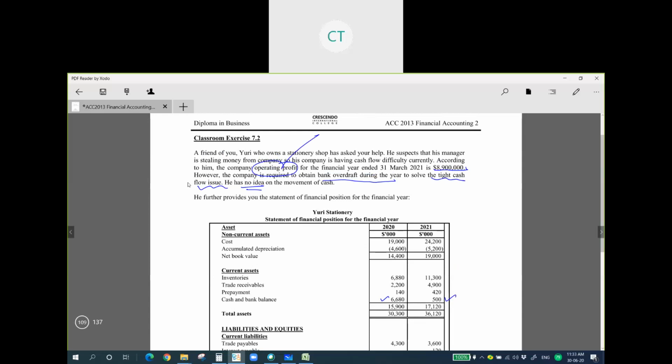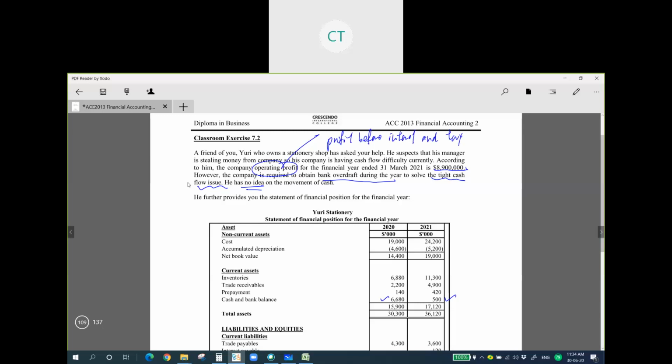So can you tell me, what is another name for operating profit? Do you remember? I think you learned this in your principles of finance, right? Yes, very good. Another name is called what? Profit before interest and tax.